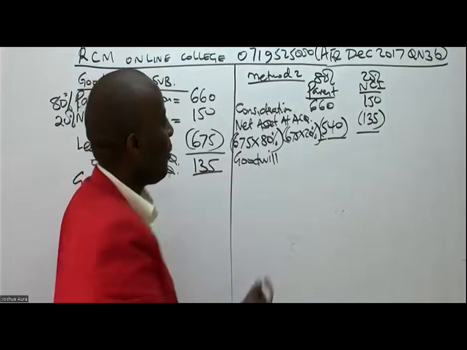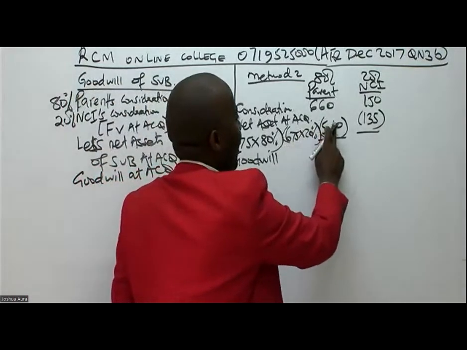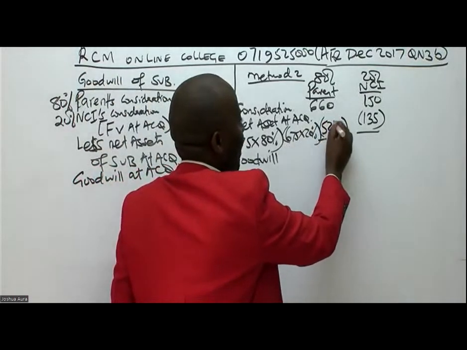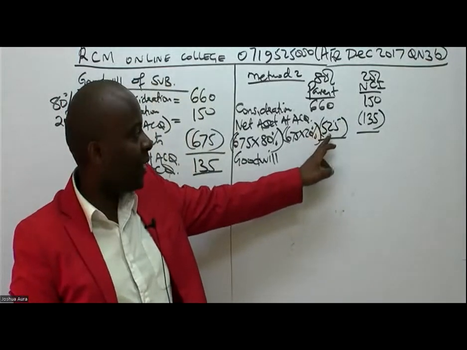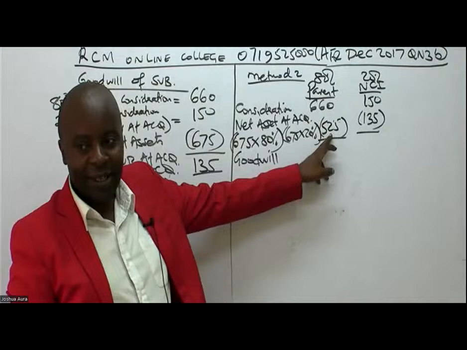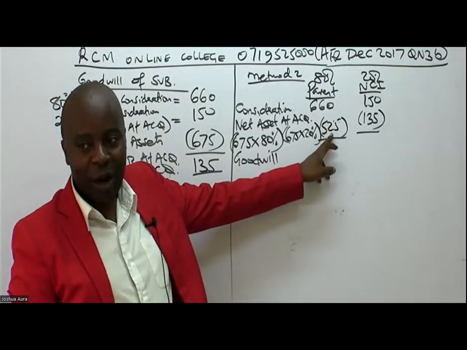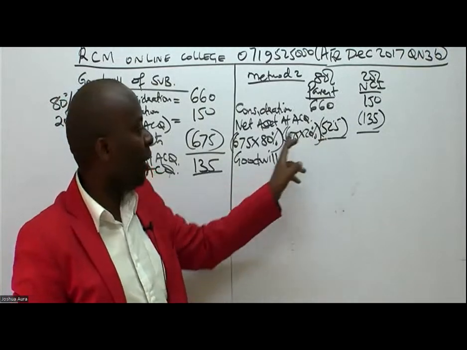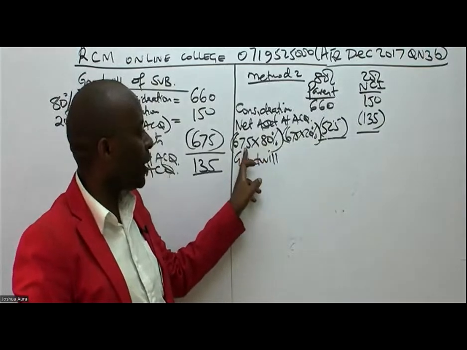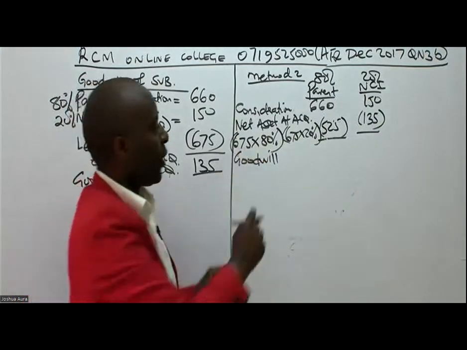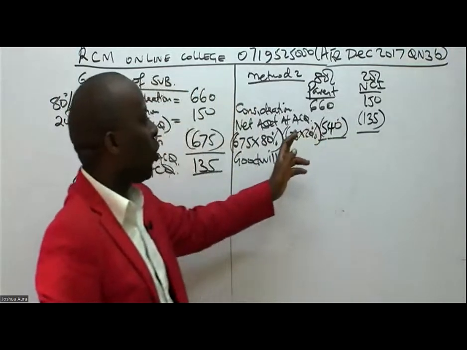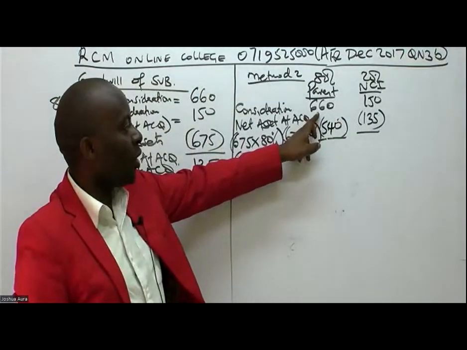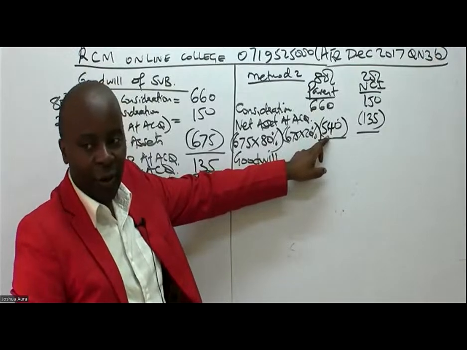It's supposed to be 80% of 675, so here we have 540. Then goodwill is the consideration of 660 minus 540, which gives me 120.